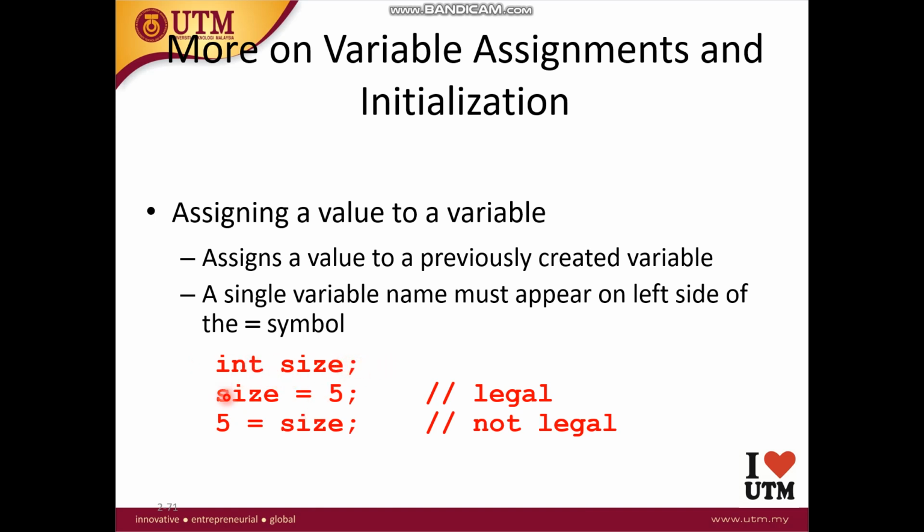Here we have declared it, and then we give it a value, and the name of the variable appears on the left side, while the value appears on the right side. But this one is illegal. You can't say 5 equals the name of the variable. You always need to write the name of the variable on the left side, while the value goes on the right side.